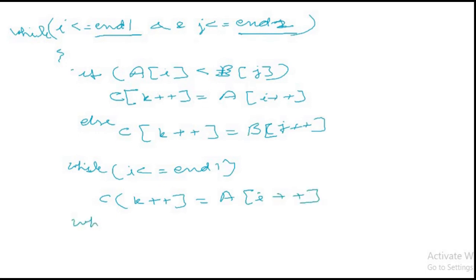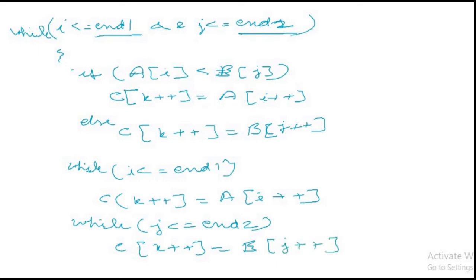And if in any case some elements are left in the second array, we will check this condition, C k plus plus, and here B J plus plus, like this. Okay, so if some elements are left in the B array, they will be copied to the C array, and in the same way, if elements are remaining in the A array, then they will be copied to C. Okay, so this is the basic logic of two-way merge.